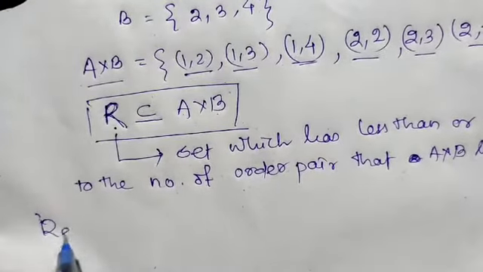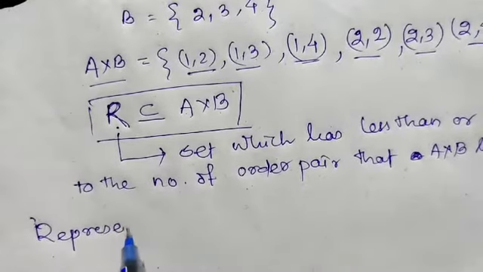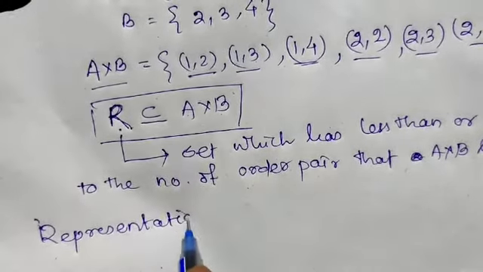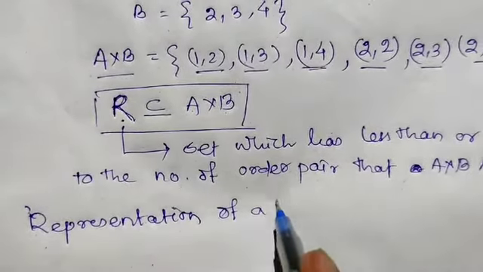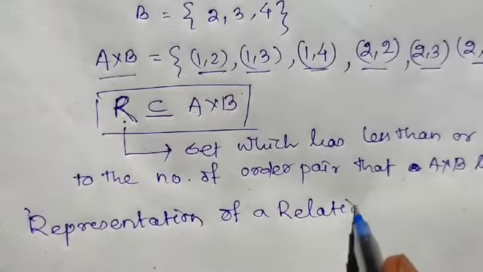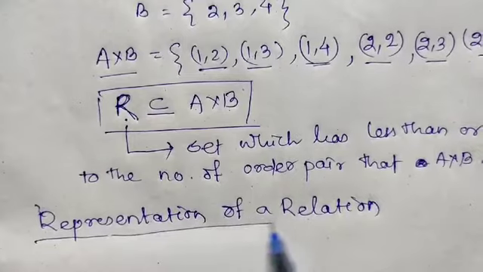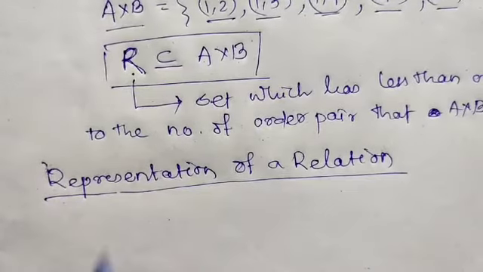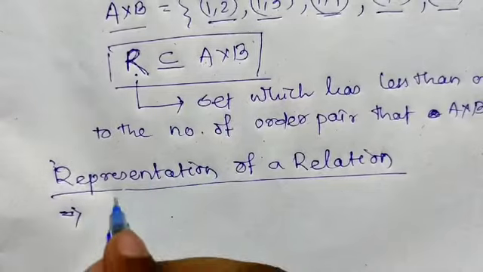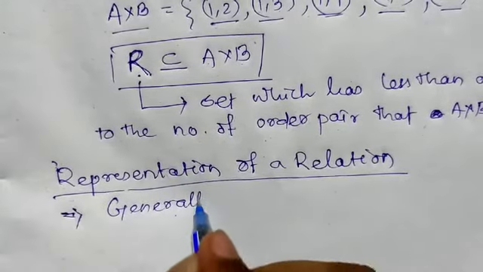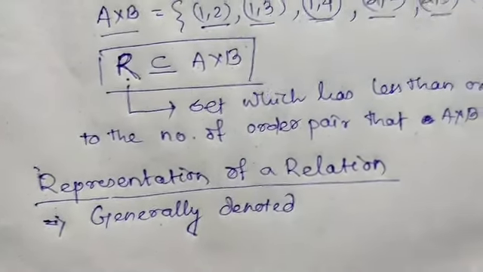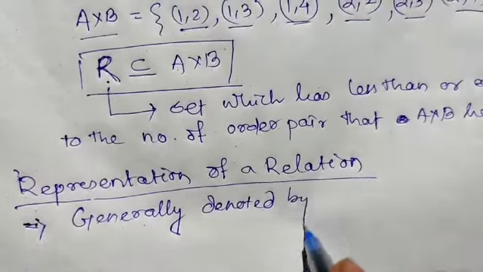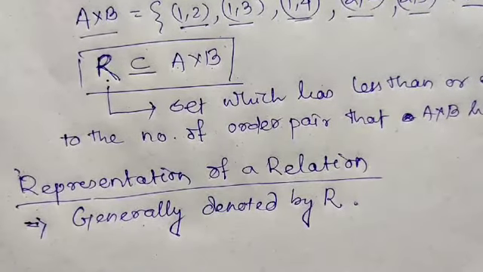After that, a representation of a relation, it is generally denoted by R. Okay, let's consider an example.